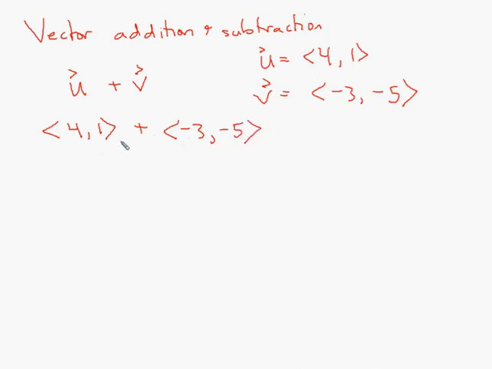It's really not that bad to go ahead and add these. 4 plus -3 is 1, and 1 plus -5 is -4. But maybe we need to show it graphically, that that's the answer.